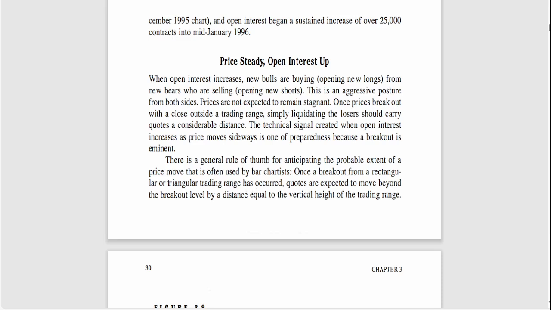Whenever you see a breakout, whether from a triangle, a bullish flag, or any sort of consolidation, and when the breakout happens and you see open interest increasing, it is a bullish signal.